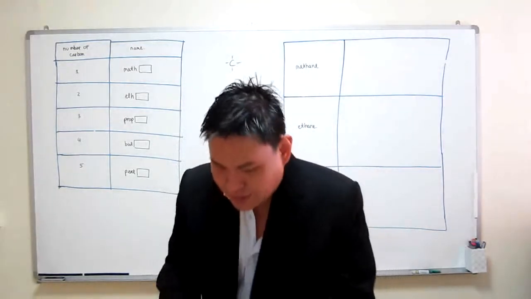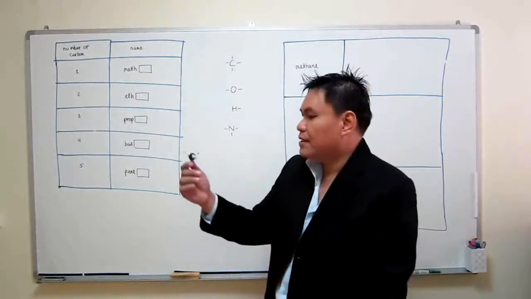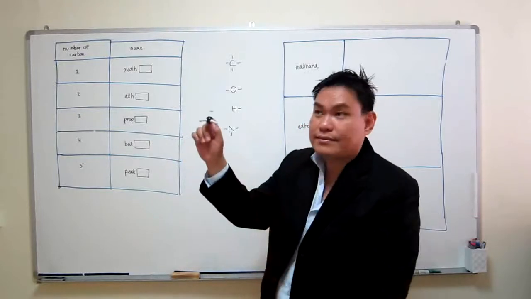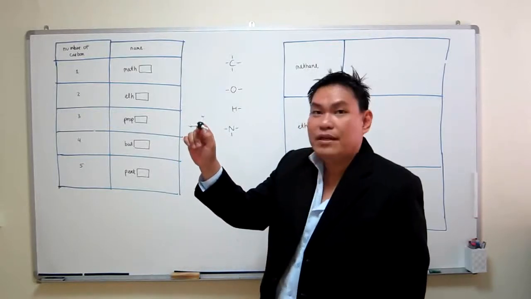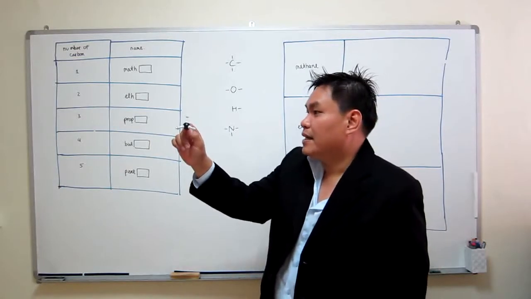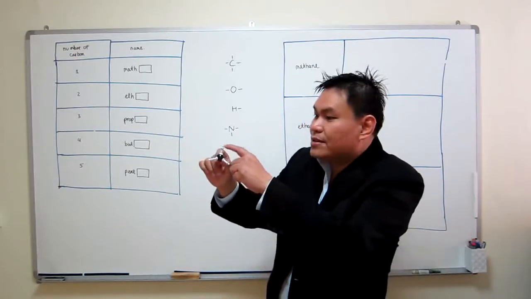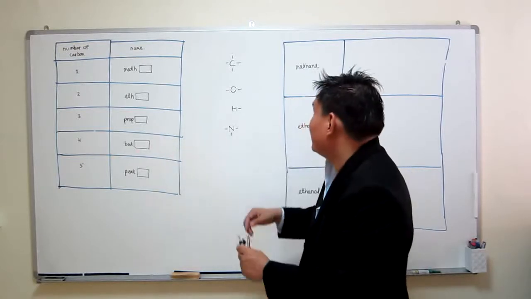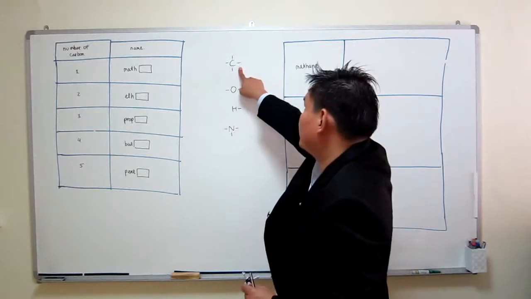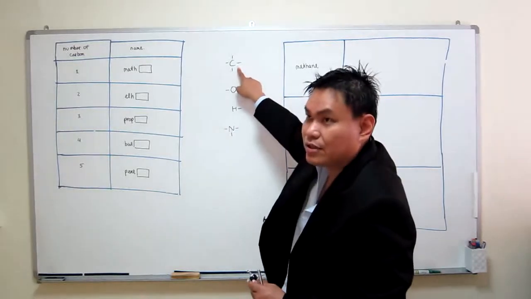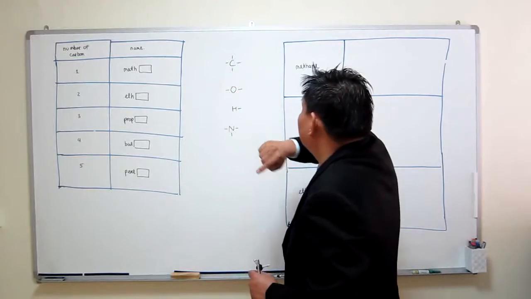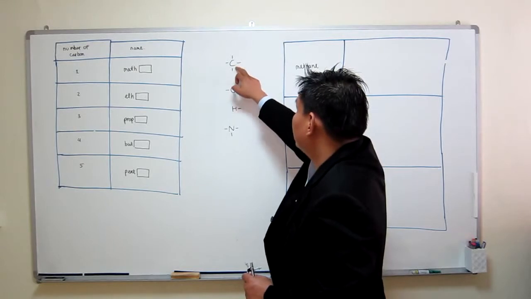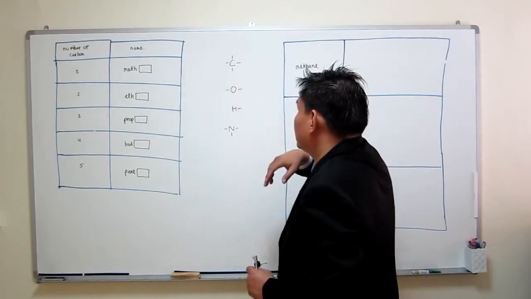In our Molymod model, the carbon atom is represented by this black sphere, which has 4 bonds, 4 sticks connecting to other atoms. Similarly, if you are asked to draw a structural formula, you draw the symbol of carbon and draw 4 bonds surrounding it.